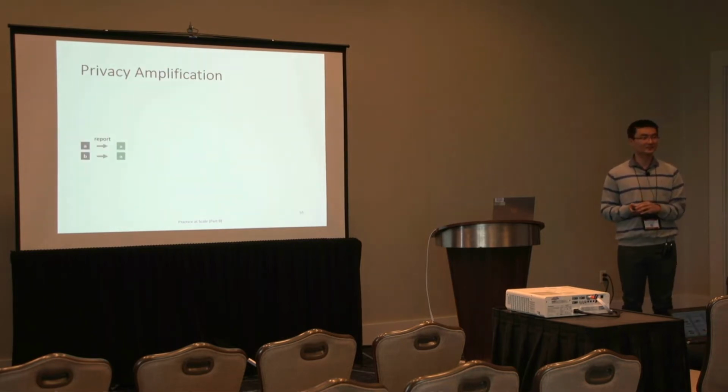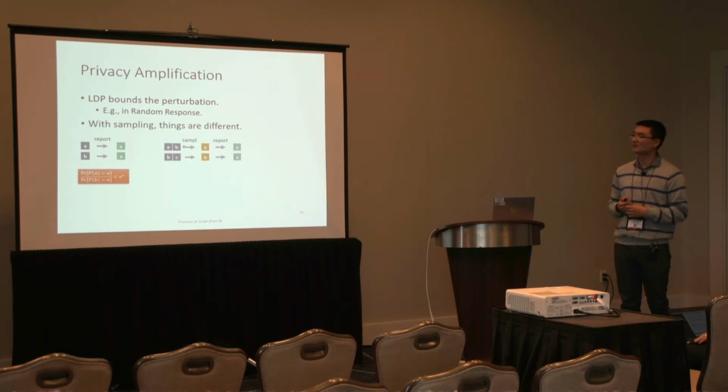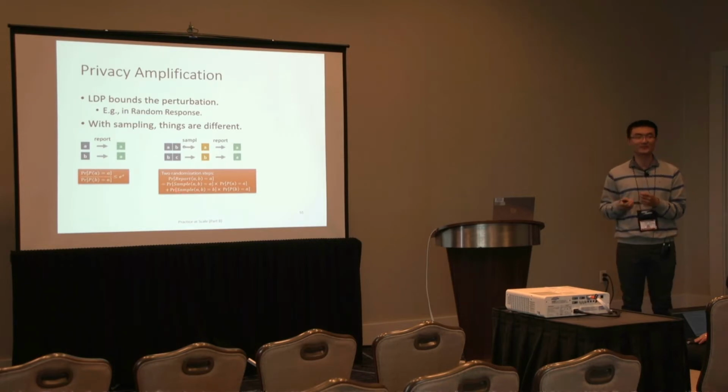So another observation is this privacy amplification effect under sampling. We already know that in the traditional LDP, or in the simplest setting, we have this bound. But after sampling is involved, this might be different. For example, if we think a randomized response is used, the probability will be the probability of perturbation multiplied by the probability of the sampling.